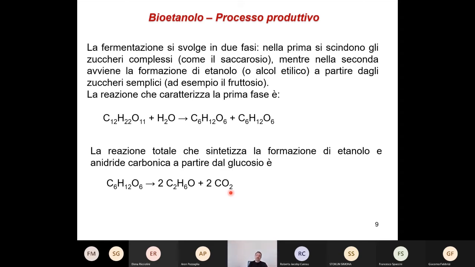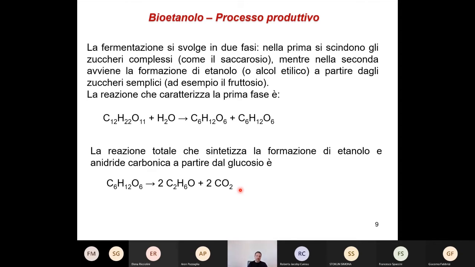So in quite every process you obtain carbon dioxide, which is the same the crop, the biomass, blocked for the growing process, so the carbon dioxide balance would be considered zero.